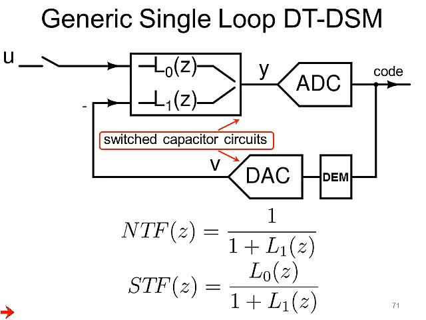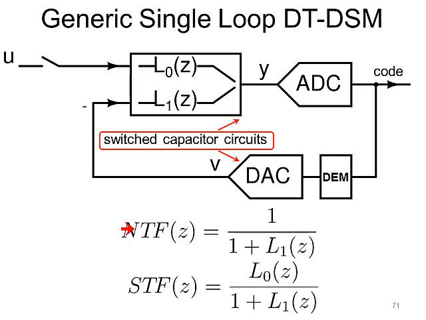A more generic single loop modulator is shown here. The loop filter has two ports. One is the input port and one is the feedback port. The noise transfer function can be shown to be 1 by 1 plus L1, and the signal transfer function can be shown to be L0 by 1 plus L1.